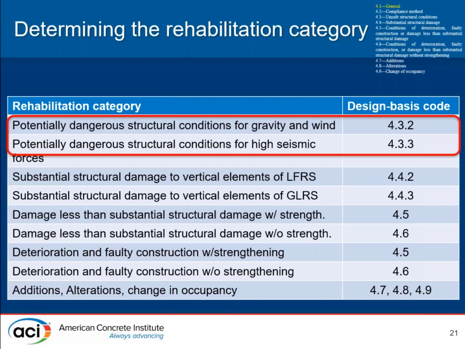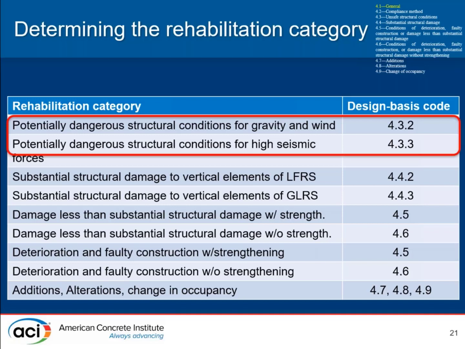This is a table that we'll return to on several occasions to help us understand how the rehabilitation category is determined. Distinctions are made between potentially dangerous structural conditions, substantial structural damage, damage less than substantial structural damage, deterioration and faulty construction, and finally, additions, alterations, and change in occupancy.